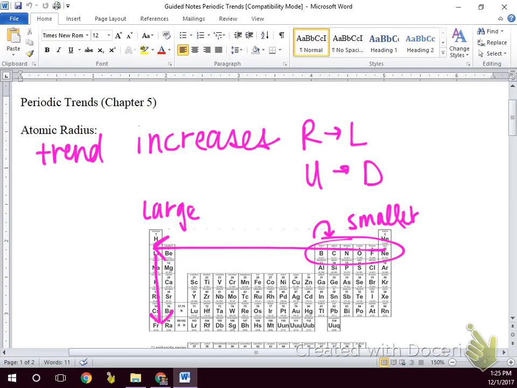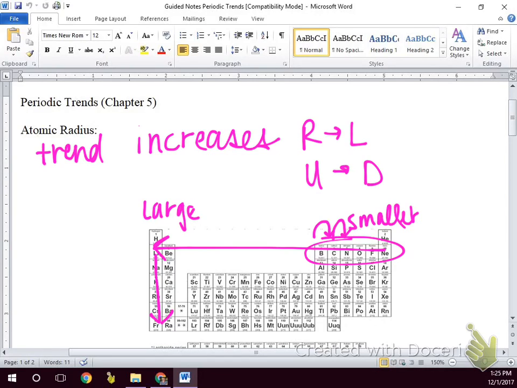We add one, right? And when we go from carbon to nitrogen, we add a proton. We add a proton, we add a proton. So as we work to the right, we're increasing the positive charge of our nucleus, right? We're adding protons, which means our nucleus, which is made of protons and neutrons, do neutrons give any charge? No. So our nucleus is not only getting bigger, it's getting more positively charged.